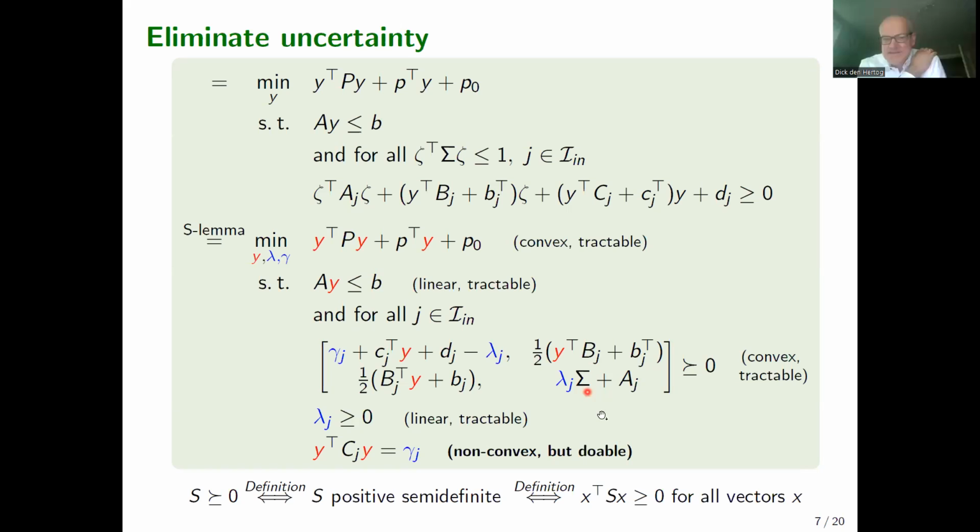So I then guess that the robust counterpart, if you simultaneously diagonalize sigma and AJ, then instead of an SDP, I think you can reformulate it as a quadratic problem. And that's in fact in the paper I have with Ronnie.